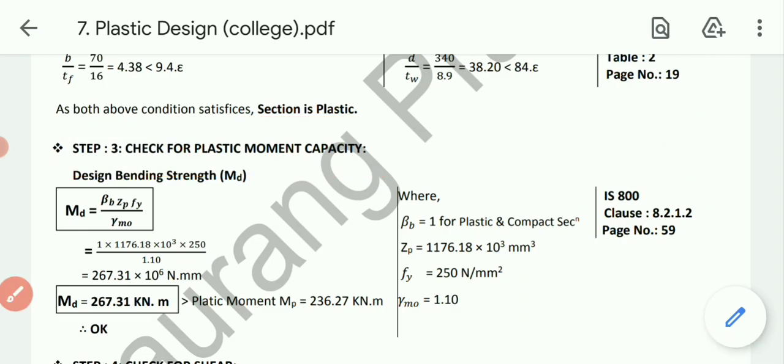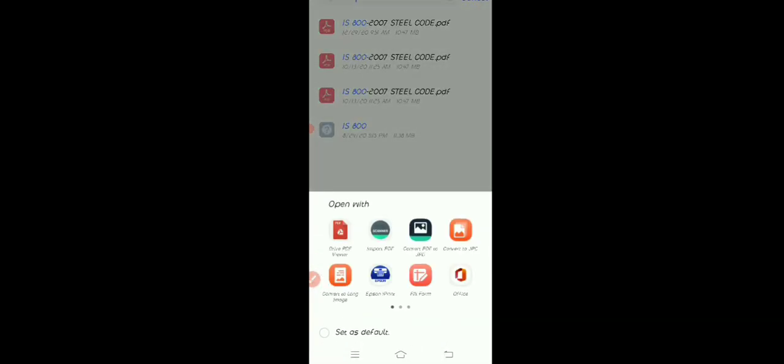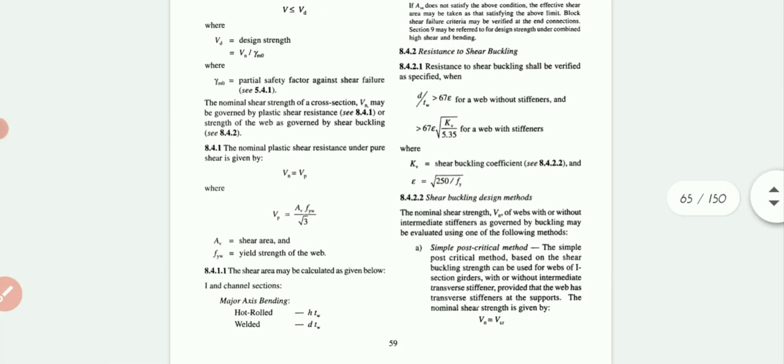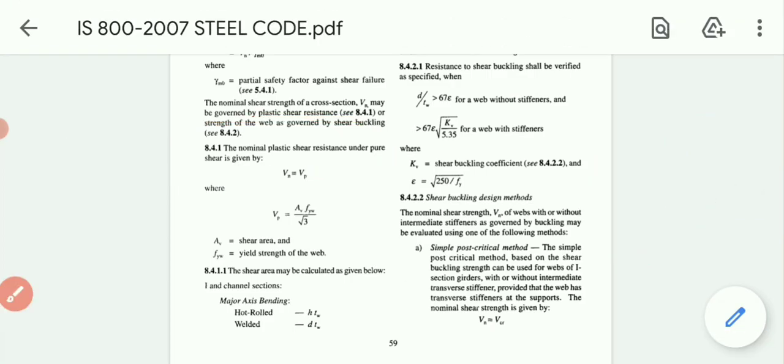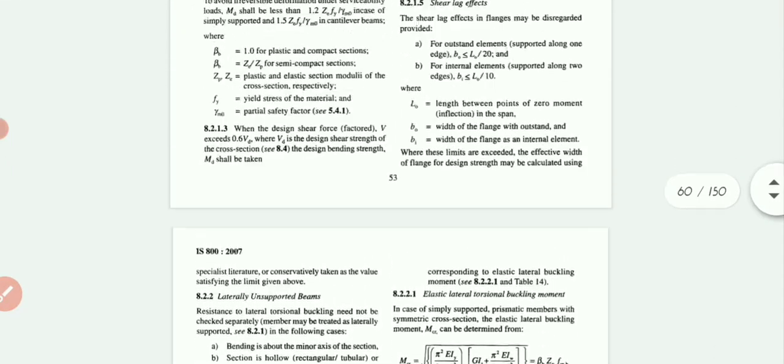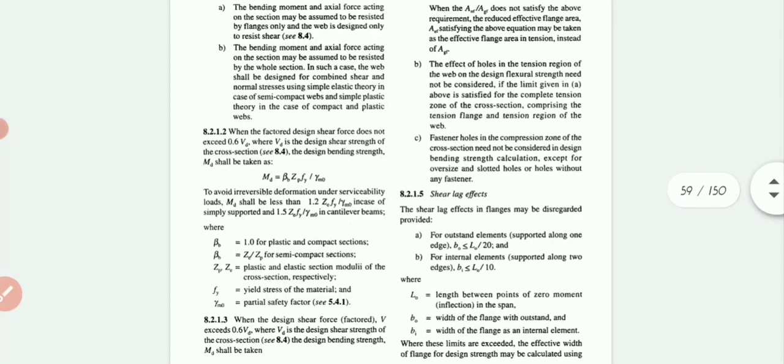Page number 53, sorry, the moment clause is there.